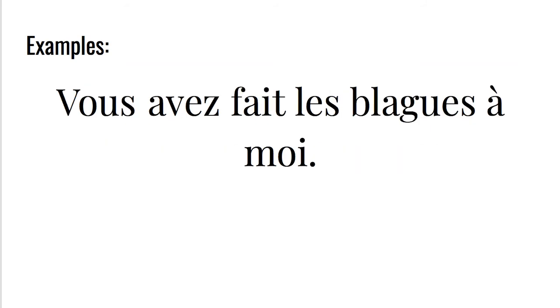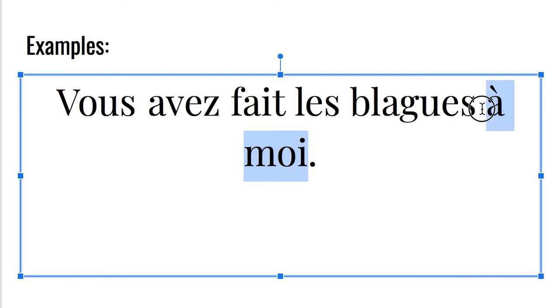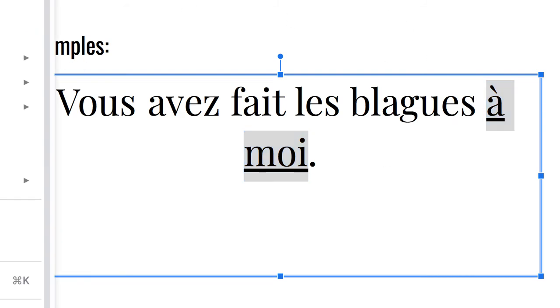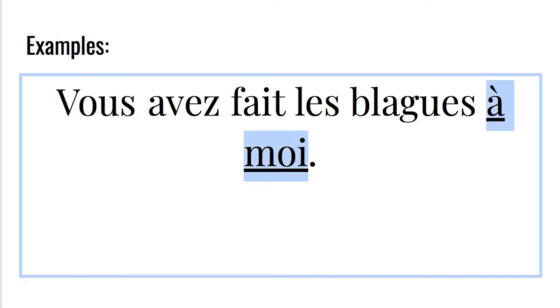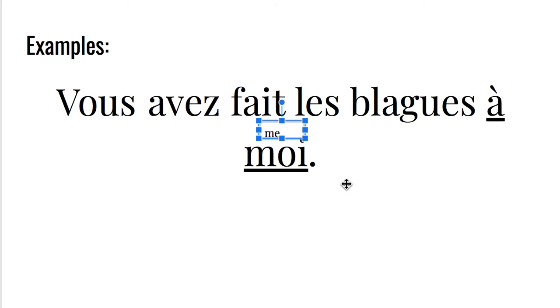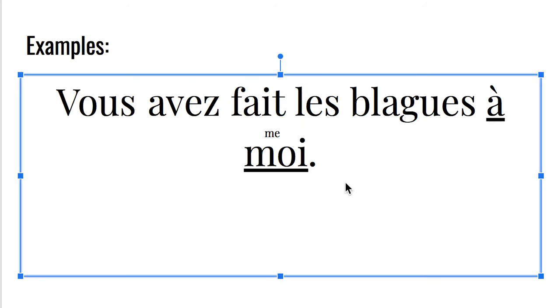Okay, 2 more. This one we have passé composé. So looking at my sentence, we've got, once again, à moi. That is going to change to me, M-E. And then I have to think about placement. So, working my way backwards. Les blagues is how you say jokes.